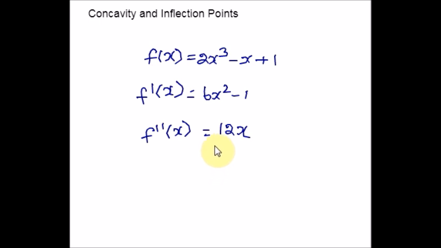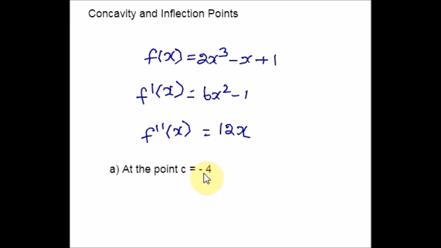Now, let me take a few points. I'm going to take a 0, a positive number and a negative number in the place of c and check whether it is positive, negative, or whether it is a transition number or not. Okay, at the point c equal to negative 4, let us check.